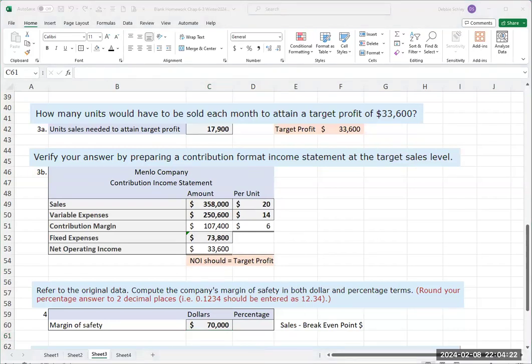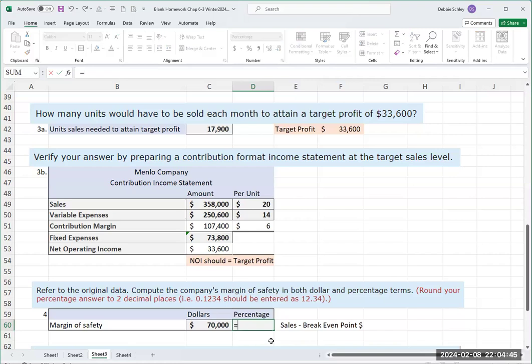Okay. And then again, to get this ratio, we need to know what percent of sales is margin of safety.